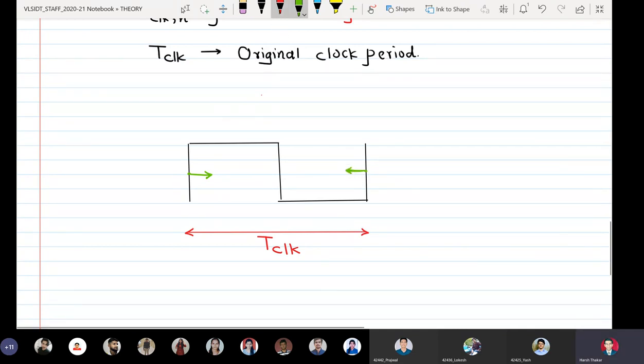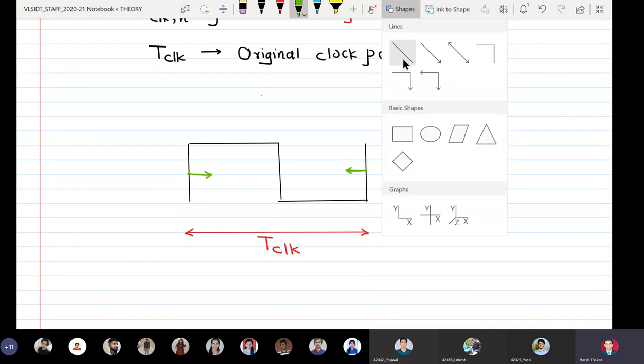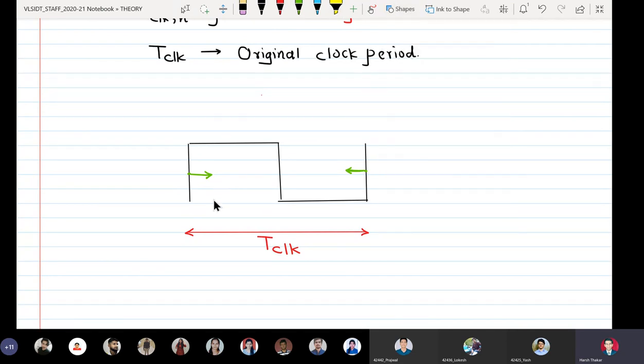Okay, and the new edges would be like this.